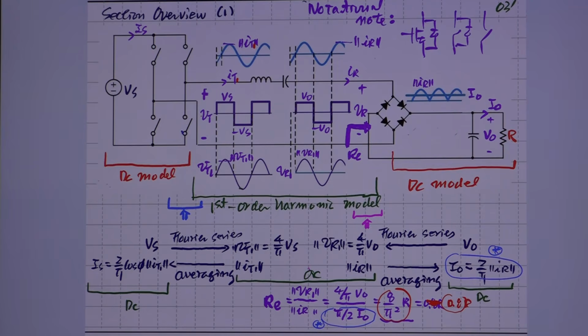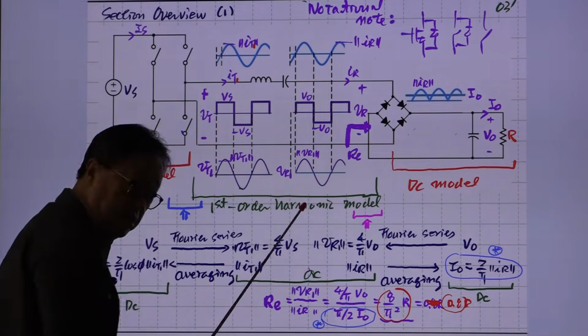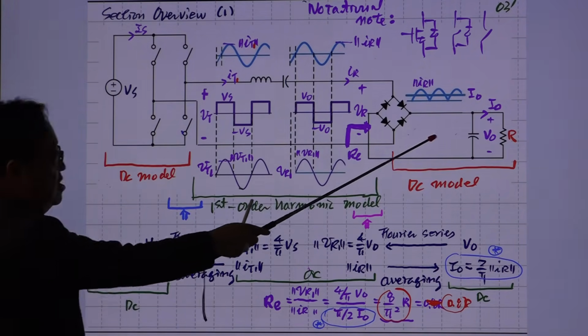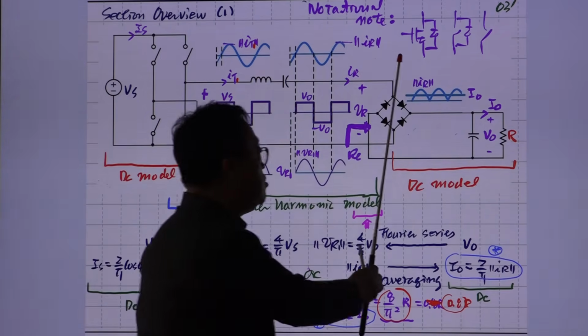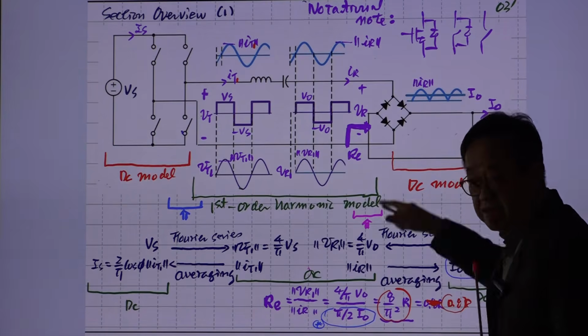This slide tries to show the relationship between the DC and DC through this AC circuit. This is the DC input voltage, and this is the DC output voltage. Because you have a capacitor here, the output voltage can be considered DC, right?